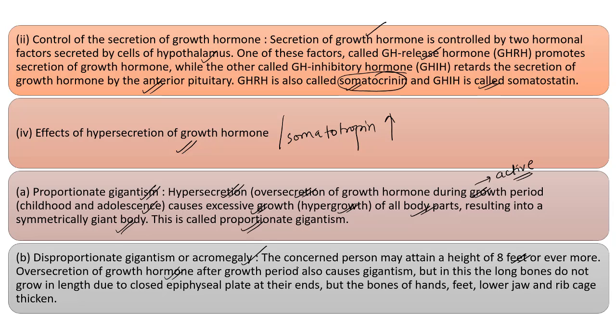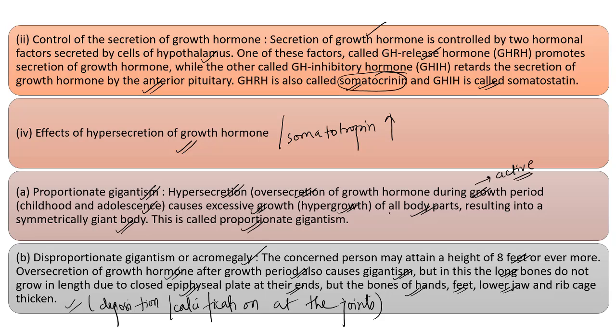Oversecretion of growth hormone after growth period causes gigantism, but in this the long bones do not grow in length due to the closure of epiphyseal plates at their ends. But the bones of the hands, feet, lower jaw and rib cage thicken because of the deposition or calcification at the joints.